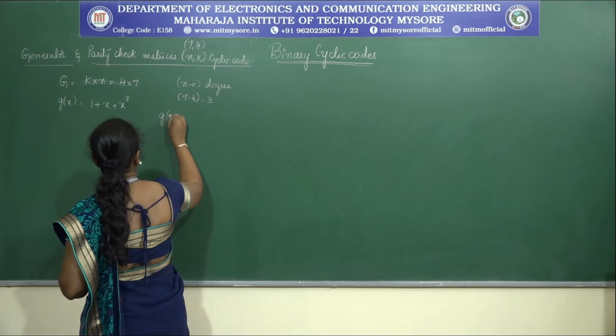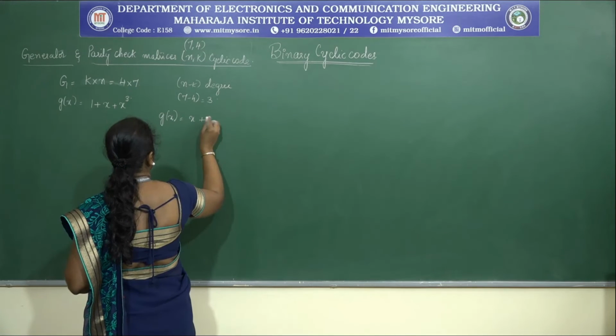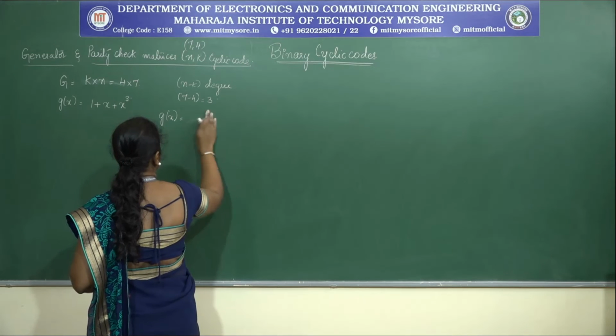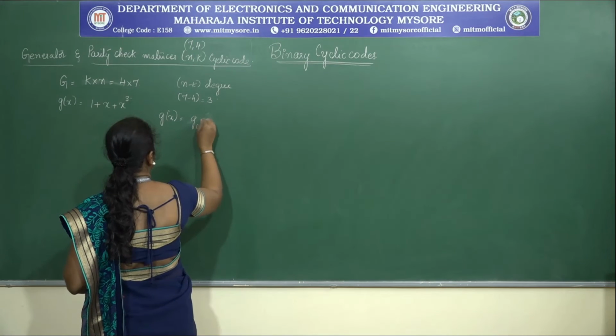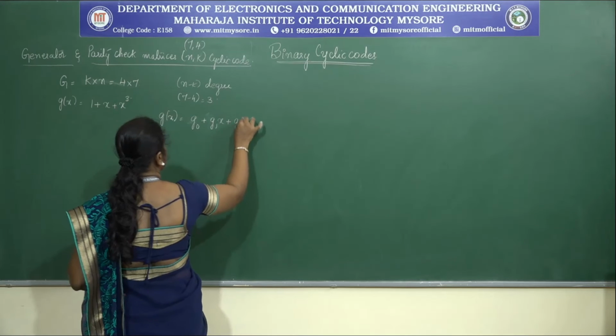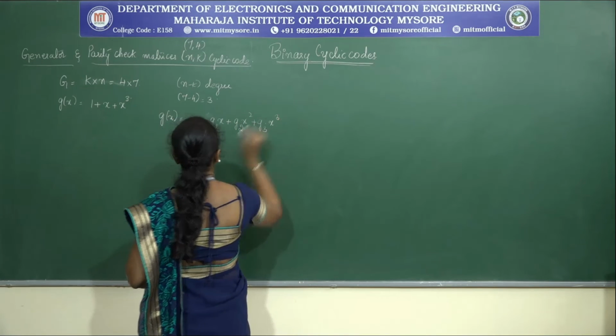Which means to say that your g of x is g naught plus g1 into x plus g2 into x square plus g3 into x to the power of 3.